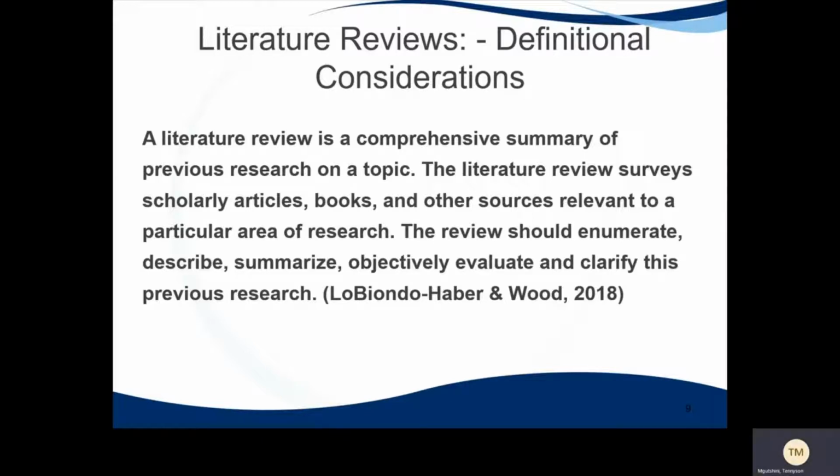Then the researcher should enumerate, describe, summarize, and objectively evaluate and clarify this previous research. So what we're basically saying is that in your study or in your review, you will give us a sense of the extent to which particular literature exists in relation to a topic.